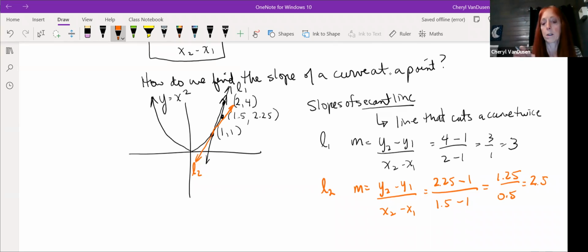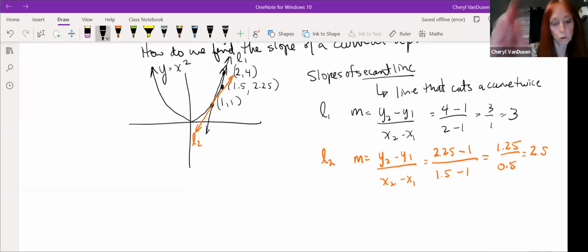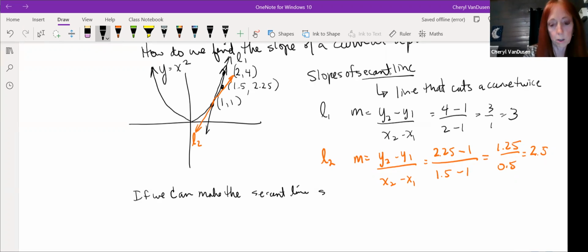So the idea of what I just explained, I'll explain it again. We're trying to make the secant line shorter and shorter until it's a tangent line. So I'm just going to write that down. If we can make the secant line shorter and shorter, it becomes a tangent line.